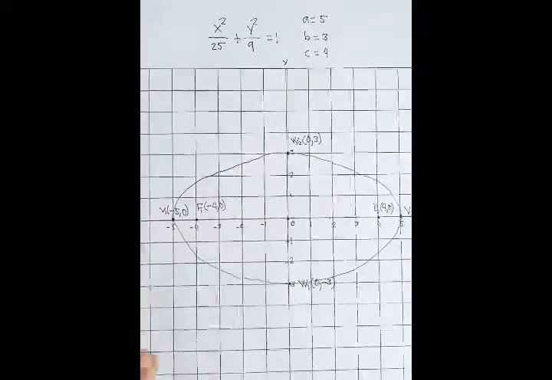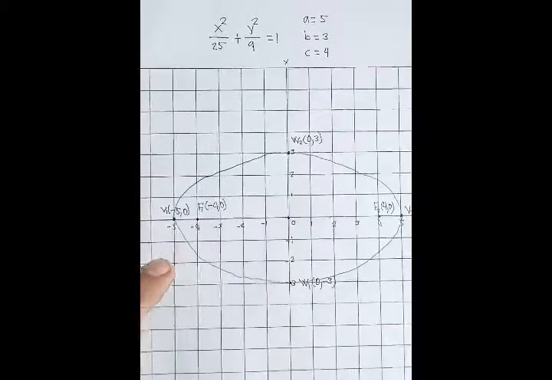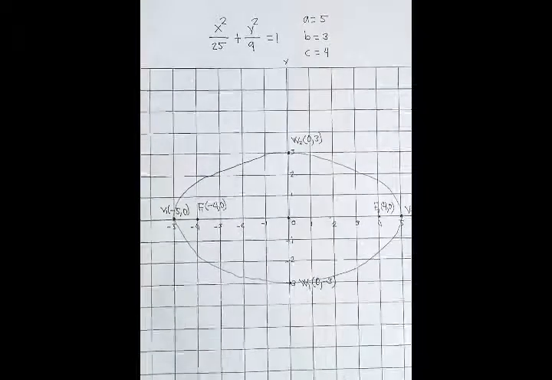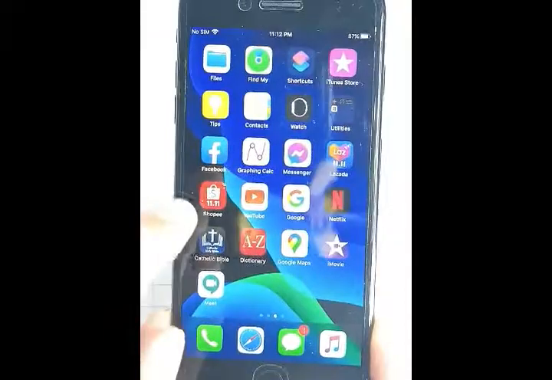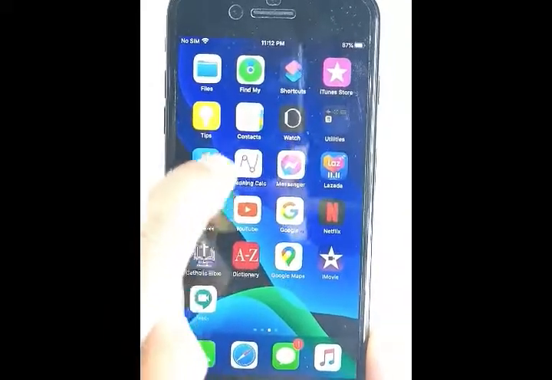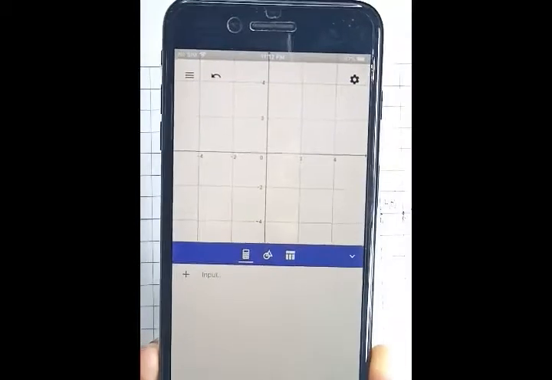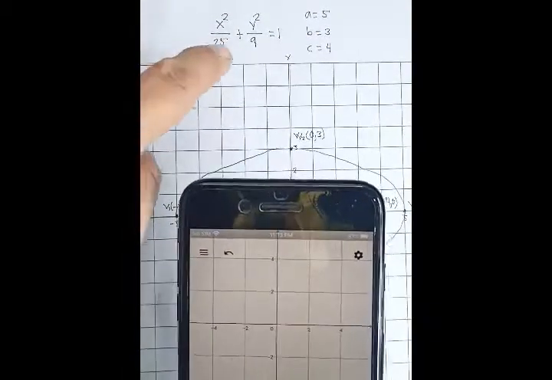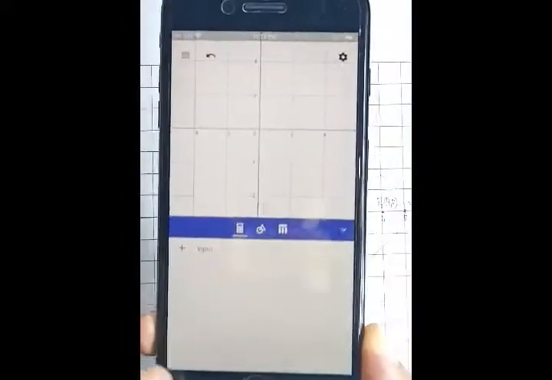So we will check it. We can check it using a graphing application. We'll try checking our answer using this application, a graphing calculator. So we input the equation x squared over 25 plus y squared over 9 equals 1.